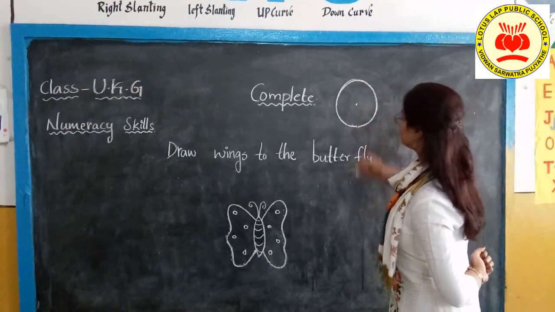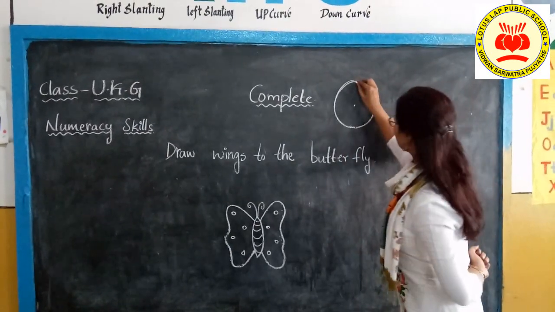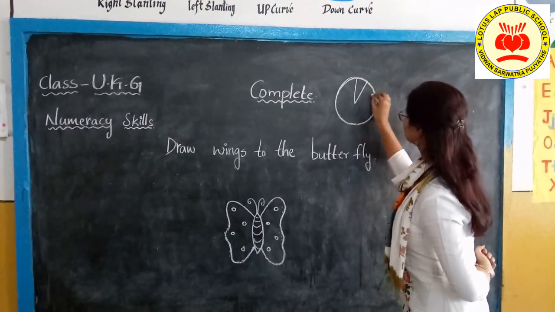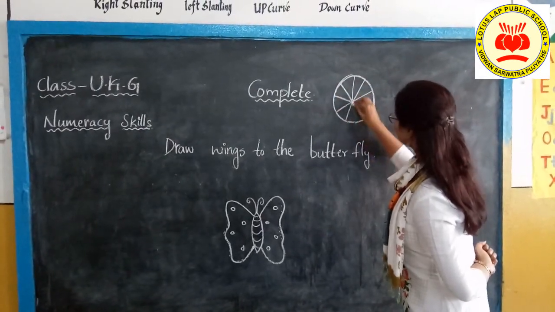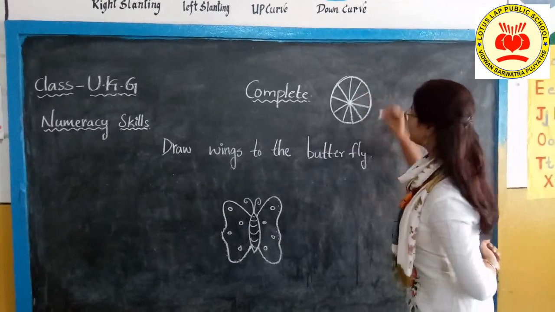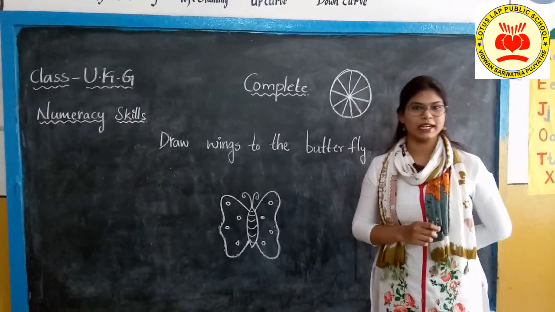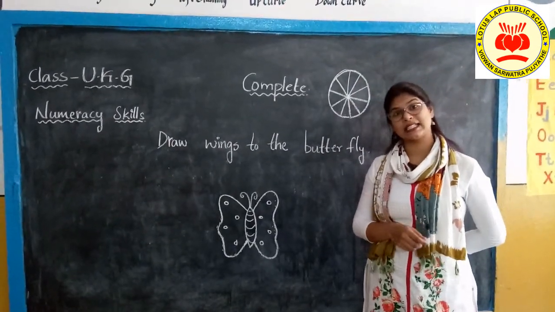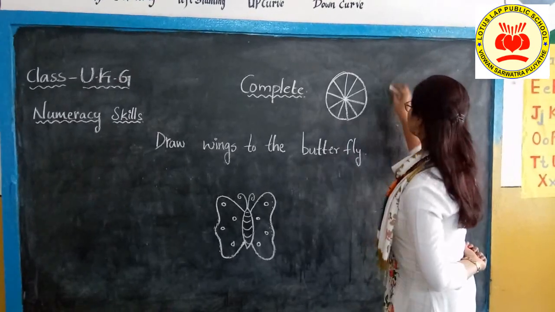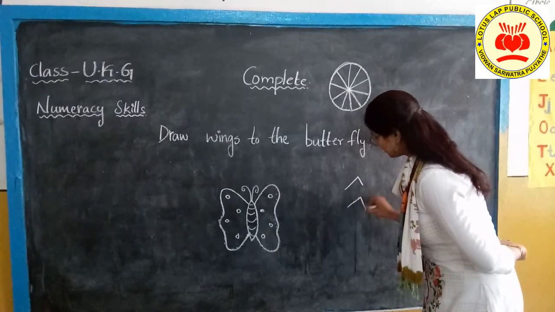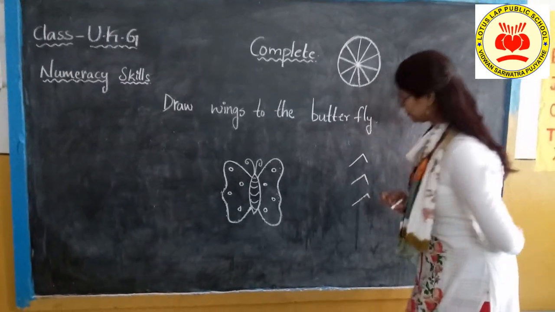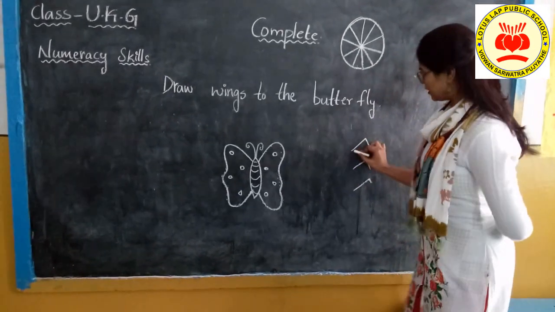First you put one dot in the middle and draw lines like this. So this is how the car wheels will look, right? And ants' legs will be like this, right? Straight lines.